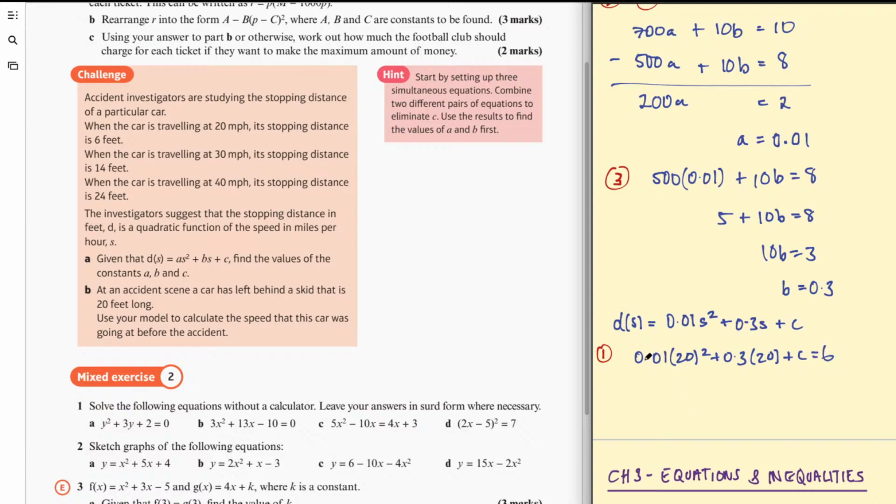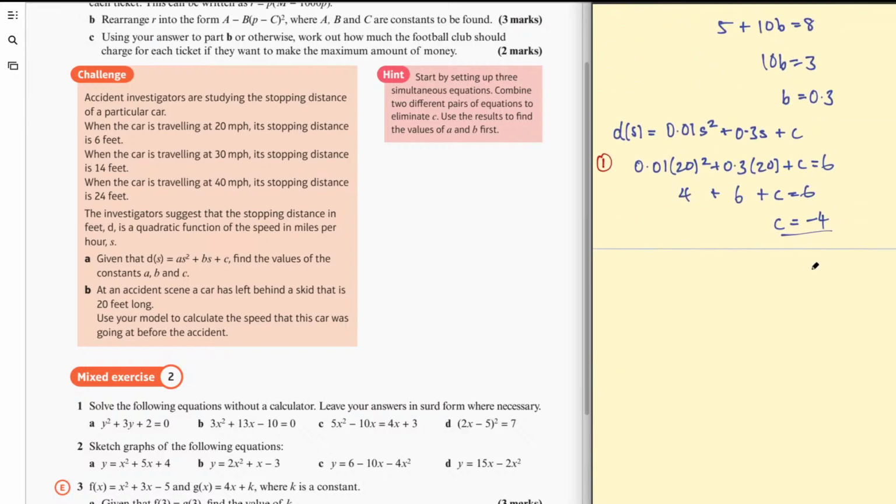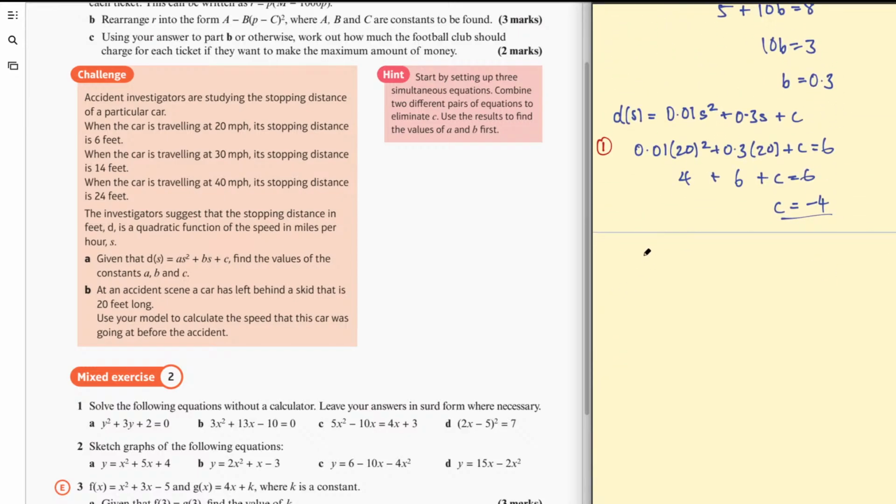This would be 400. 1/100th of 400 is 4. 20 times 0.3, that's like 20 divided by 10 times 3, which is 6, plus c equals 6, so therefore c equals -4. So now I have my values of a, b, and c. And well, that was part A.